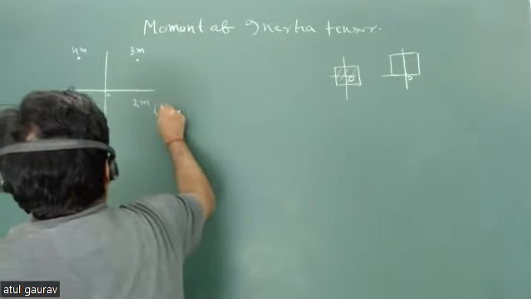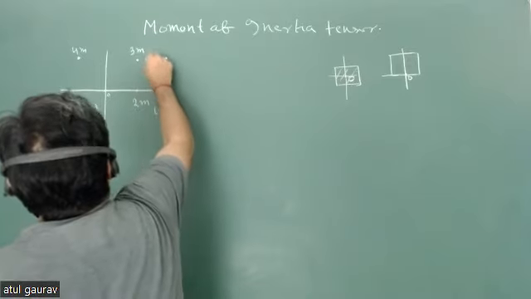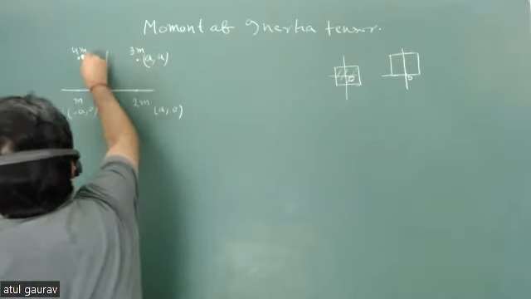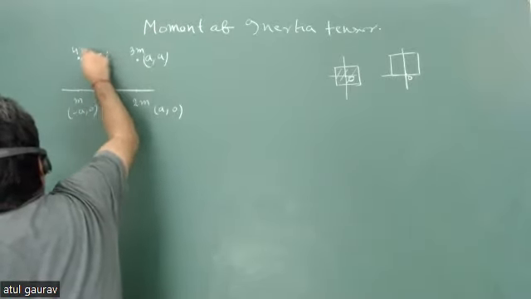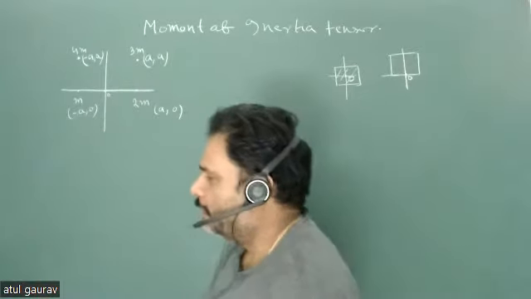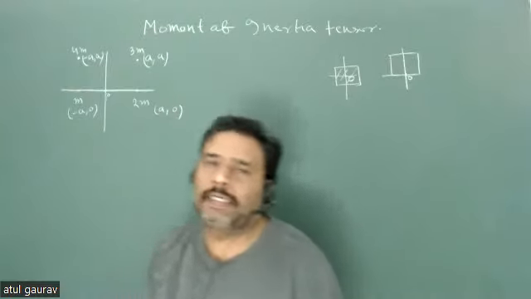The coordinate of this mass is (a, 0). The coordinate of this mass is (a, a), and the coordinate of this mass is (-a, a), isn't it? So this is a discrete mass system, and we want to calculate the moment of inertia tensor.